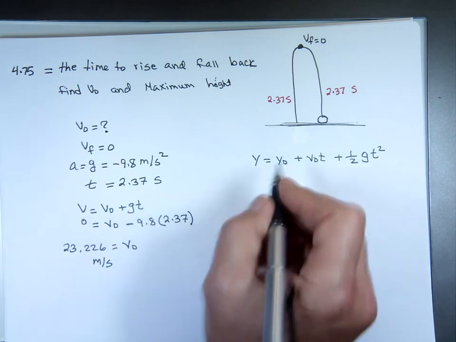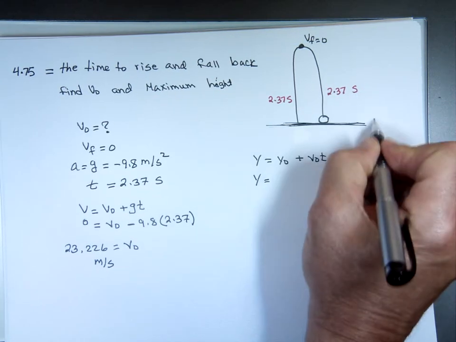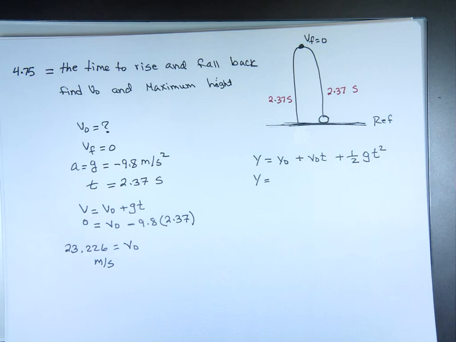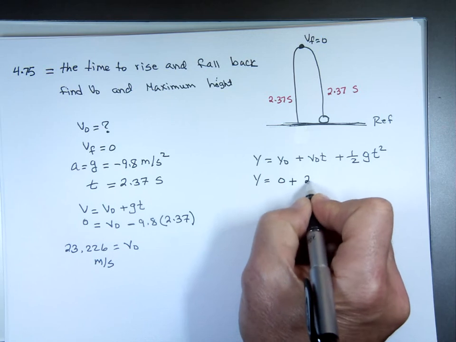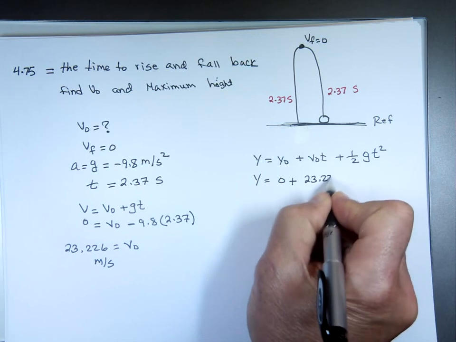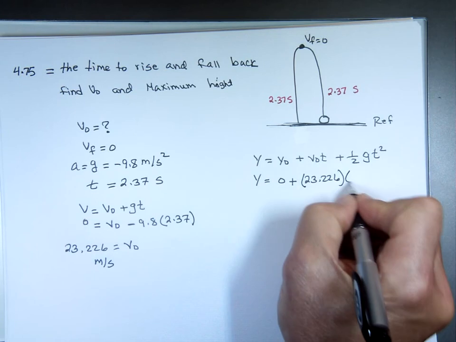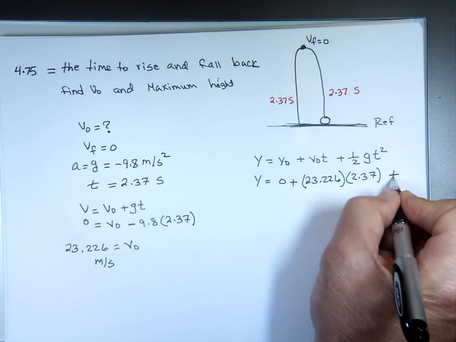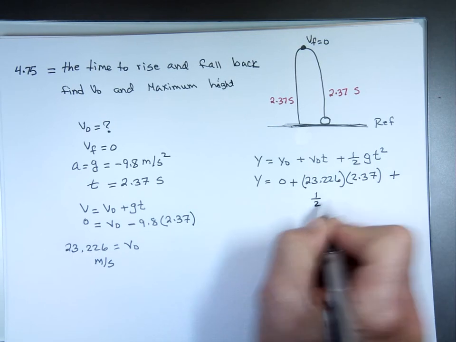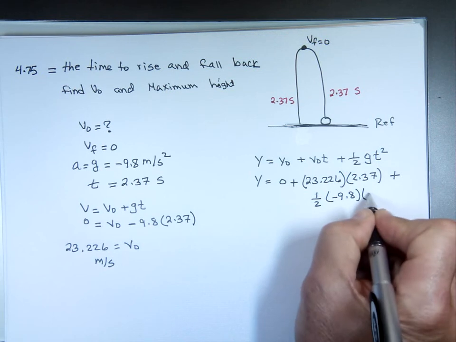Y is unknown. If I make this my reference, I'm going to measure the height from this point. That's my zero height. My initial velocity is 23.226 times the time, which is 2.37, plus 1/2 times gravity, which is negative 9.8, times 2.37 squared.